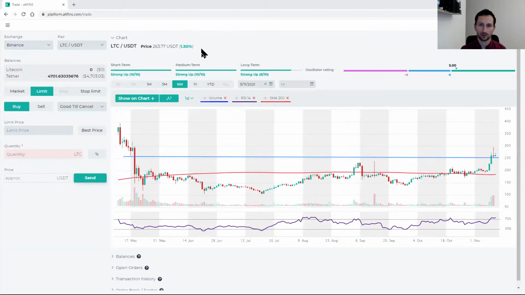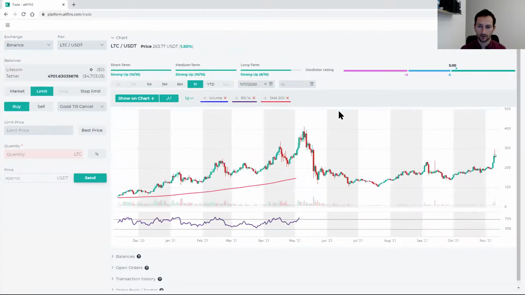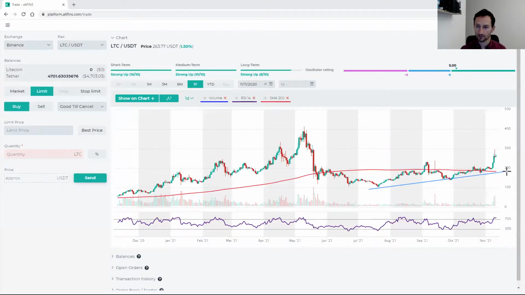I mean, not time interval, but time horizon. Right, the support trend line was about right here, like that. And the resistance is up here. Okay, so we had a pretty strong breakout, a bit of a pullback, and the target is then the next resistance or so, which would be about 340, 350.